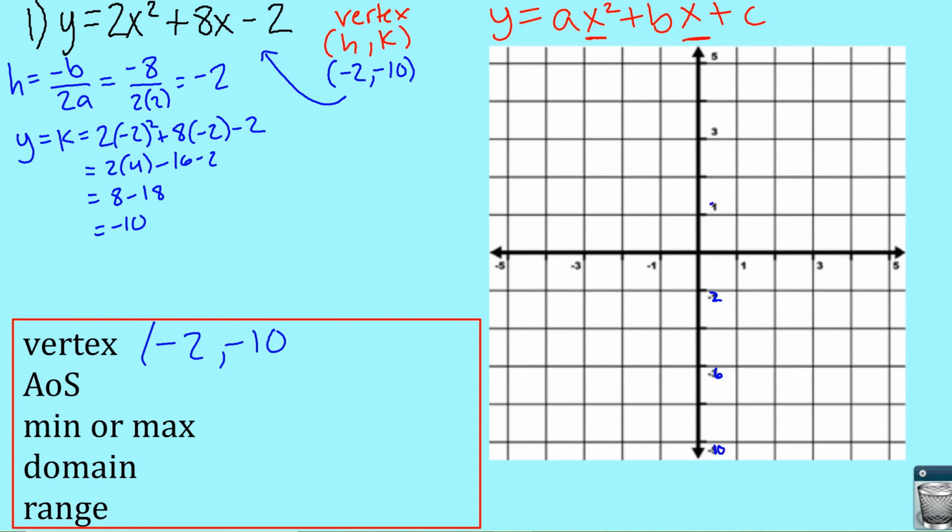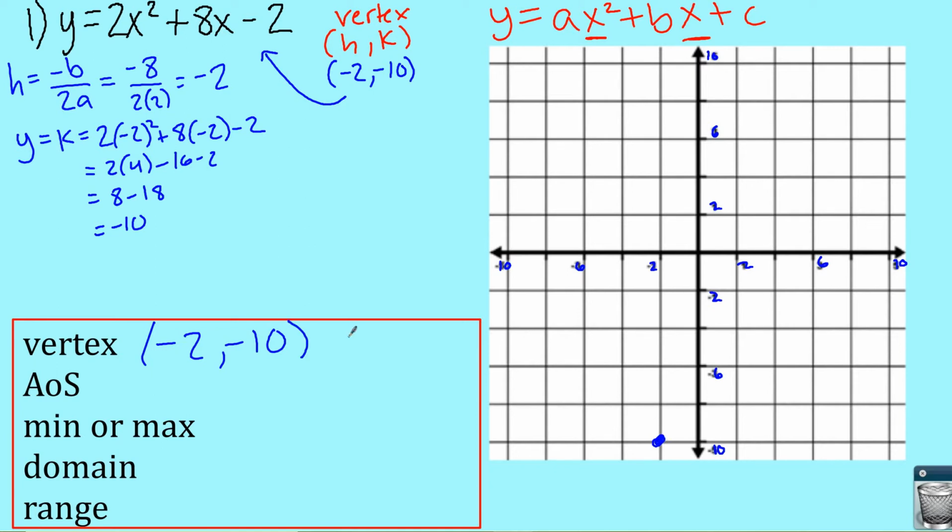This is going to be 2, 4, 6, 8, 10. Sorry, I realized my scales were way off. So this is also going to be 10. So I'm just going to do these by 2s. So negative 2, negative 10 is our vertex.